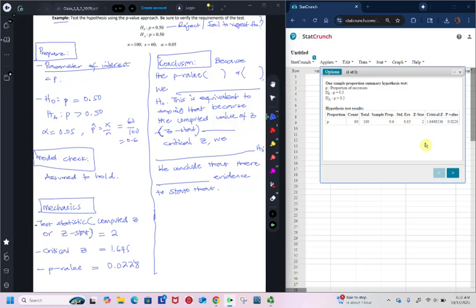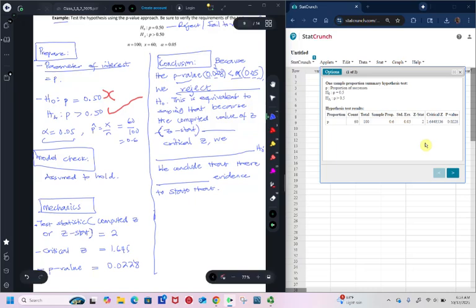My p-value of 0.0228 compared to my alpha value 0.05 from here given in the question, I would notice that 0.02 is less than 0.05. When the p-value is lesser than alpha, we reject the null hypothesis in favor of the alternative, which means this time the null hypothesis lost and we have sufficient evidence for what we wanted to test in the alternative hypothesis.